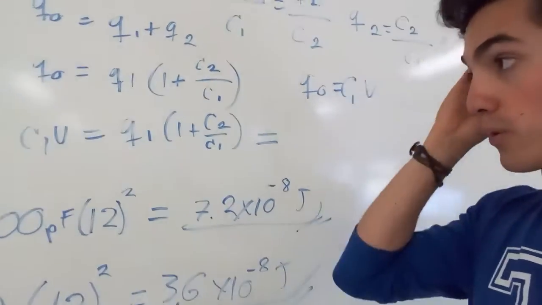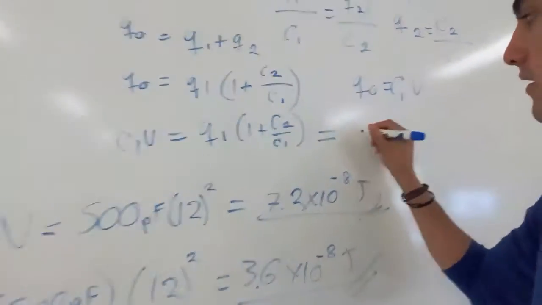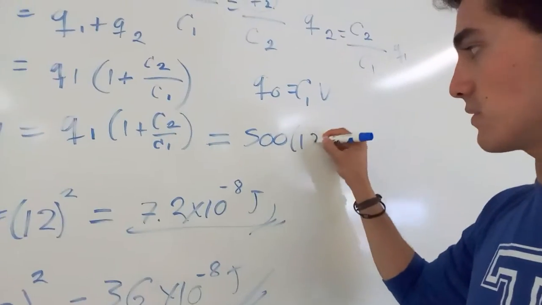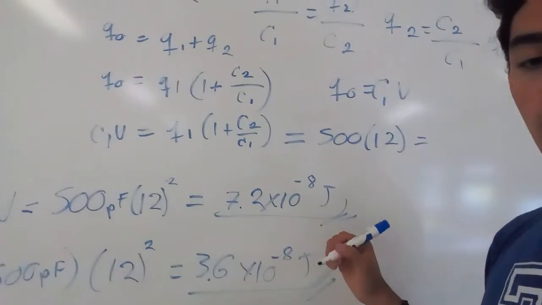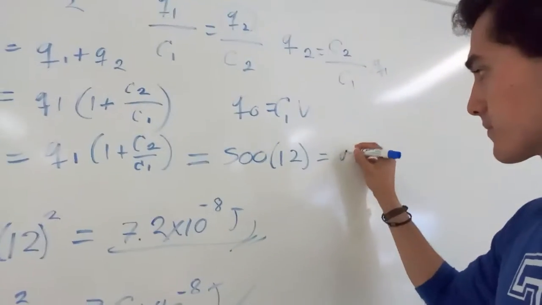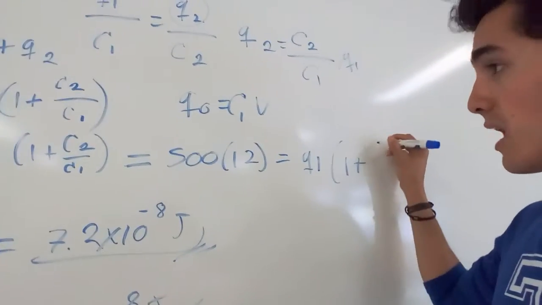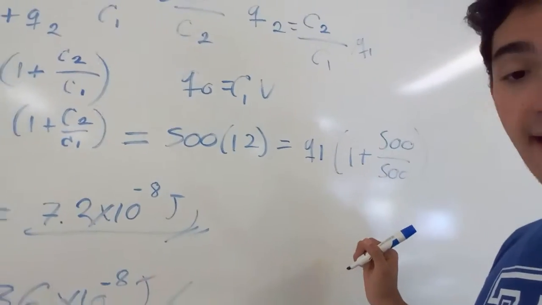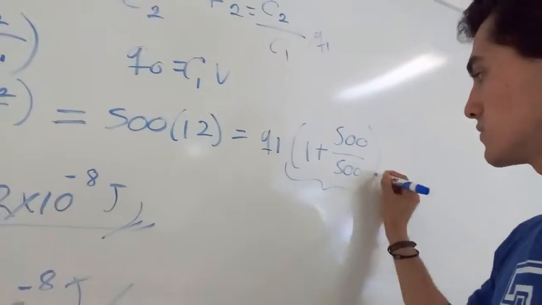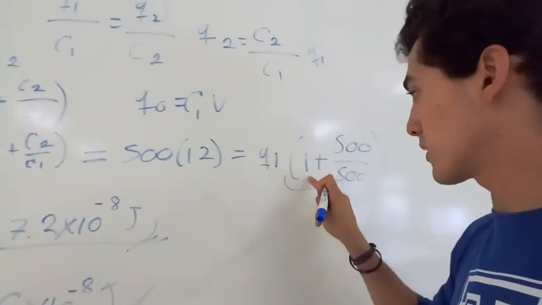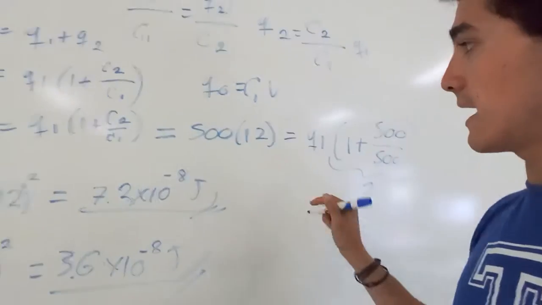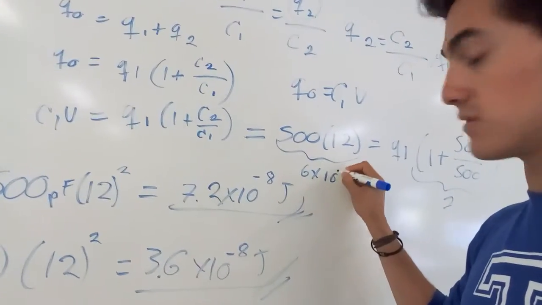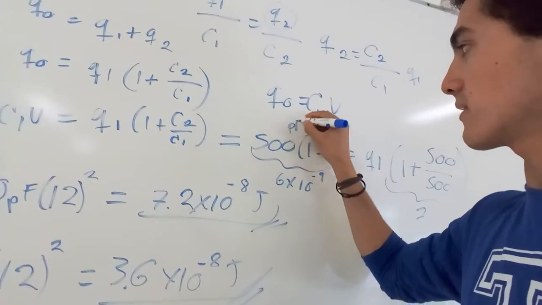So we know that our capacitance 1 is 500 picofarads, our voltage is 12, times 12. This is equal to our charge 1 times 1 plus 500 over 500. And this is equal to 2, because 1 plus 1 is equal to 2. And this part in here is equal to 6 times 10 to the minus 9, because this is in picofarads, okay?